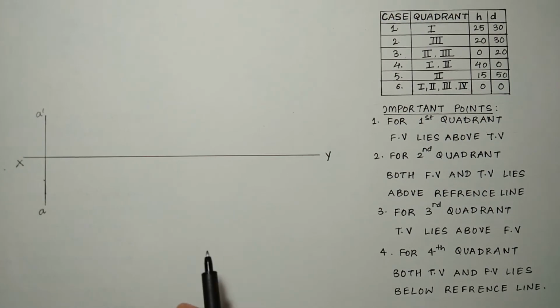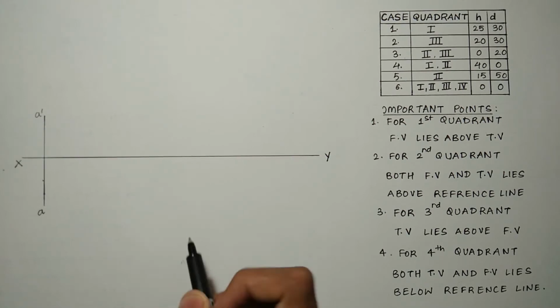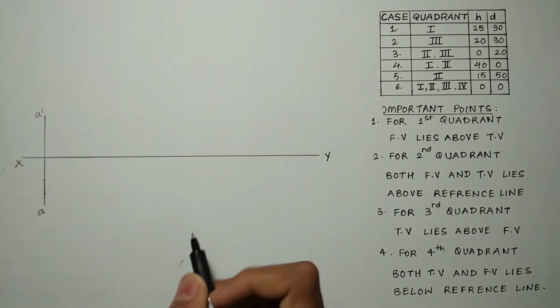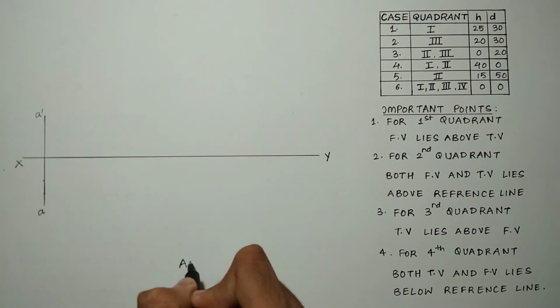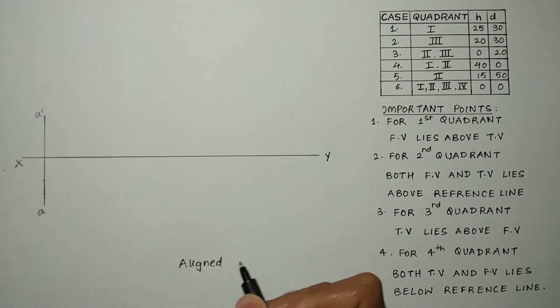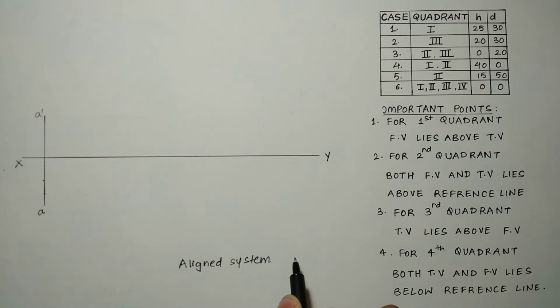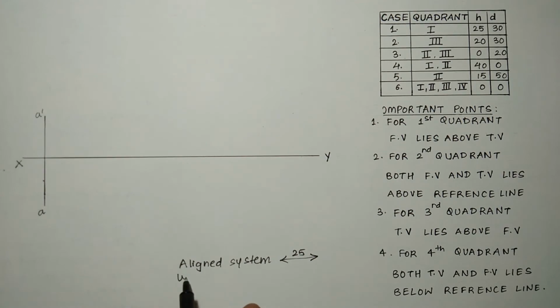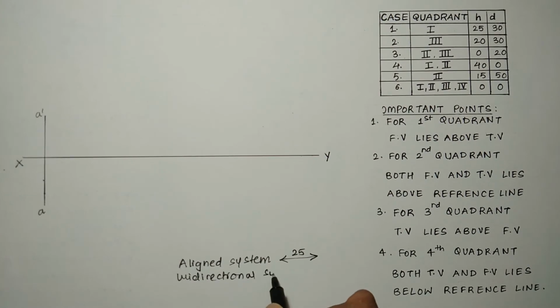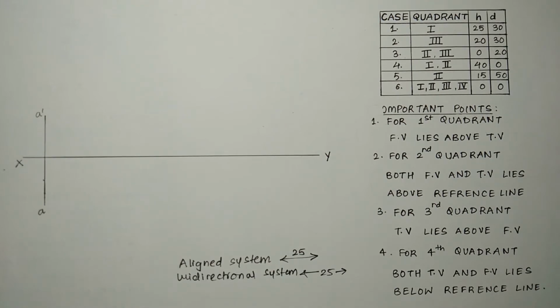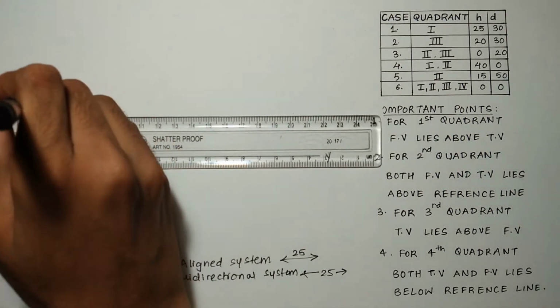First is the aligned system, in which dimensioning is carried out in such a manner, and another one is the unidirectional system, where dimensioning is carried out in such a manner. We will basically be using the aligned system for dimensioning. So let us carry out dimensioning also.